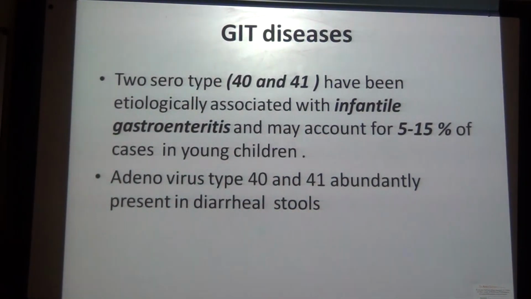There are two important serotypes, 40 and 41, which have been thought to cause infantile gastroenteritis, and they may account for 5 to 15% of gastroenteritis in young children. Adenovirus types 40 and 41 are abundantly present in diarrheal stool.